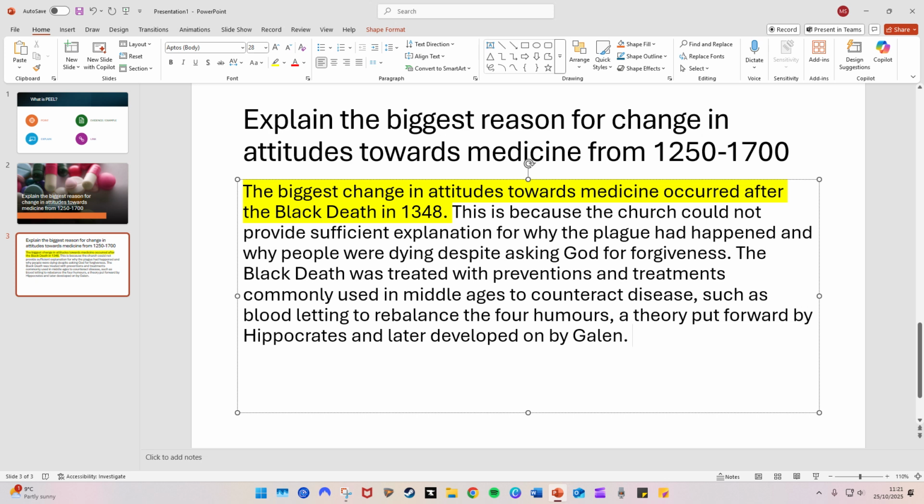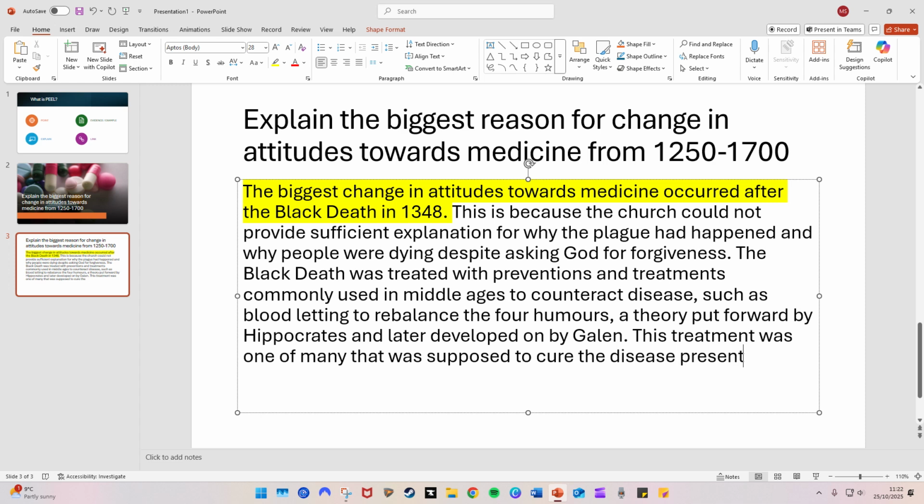So the Black Death treatment: prevention treatments commonly used in the Middle Ages to counteract disease, such as bloodletting to rebalance the four humours, a theory put forward by Hippocrates and later developed by Galen. This treatment was one of many that was supposed to cure the disease present.